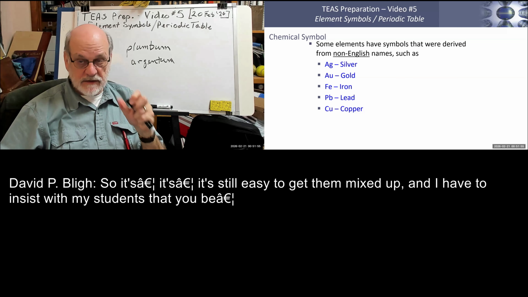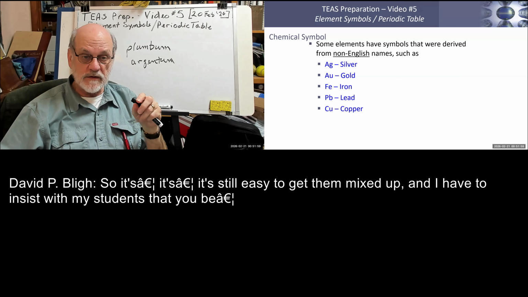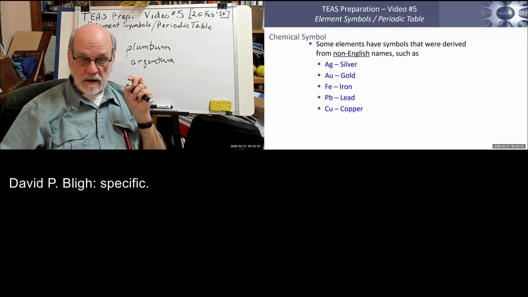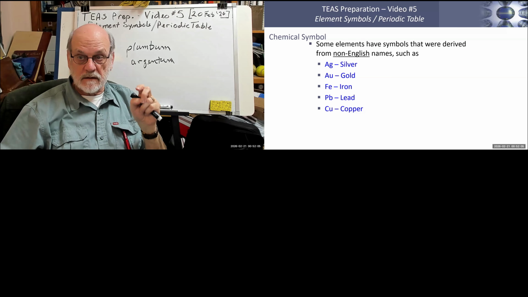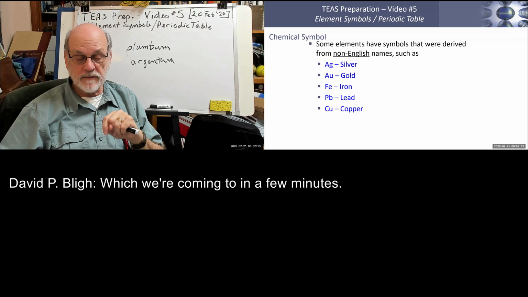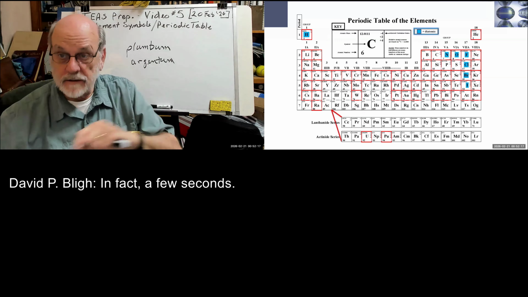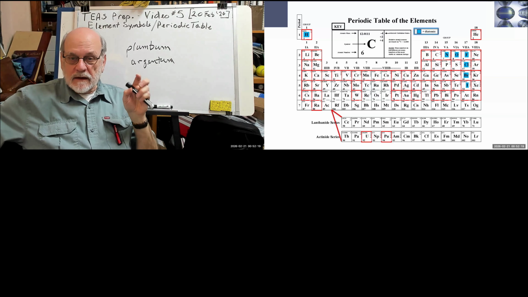So it's still easy to get them mixed up, and I have to insist with my students that you be specific with your symbols, and I have them memorize about half the periodic table, which we're coming to in a few minutes. In fact, a few seconds.